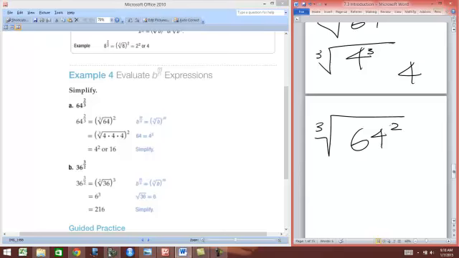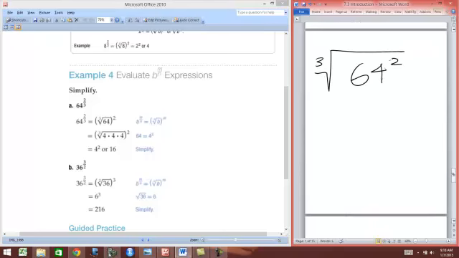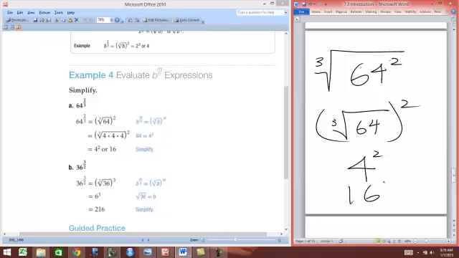However, we know the cube root of 64, which is 4. So we can think of it like this, and they do this in the example. The cube root of 64, you don't have to write this down, but I want you to do the thinking. The cube root of 64 inside this parenthesis is 4. So we end up with 4 squared, which is 16. That's easy, as opposed to taking the cube root of 64 squared. I don't know what 64 squared is, some big number.